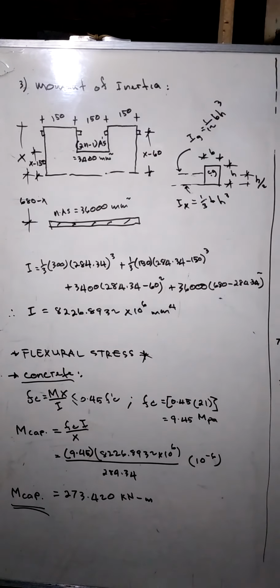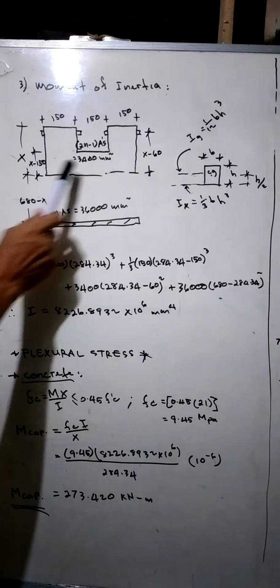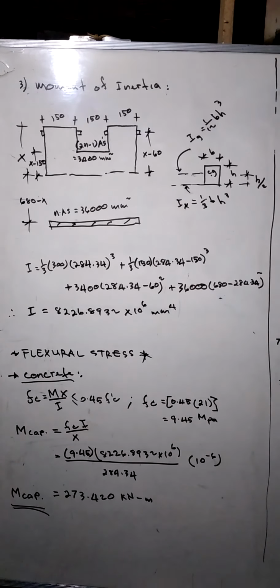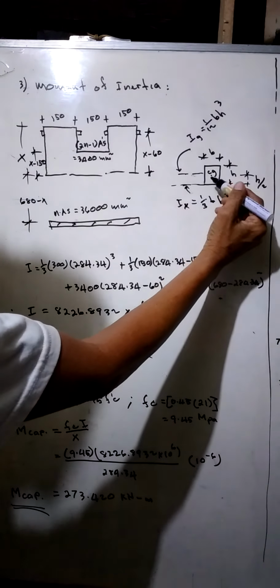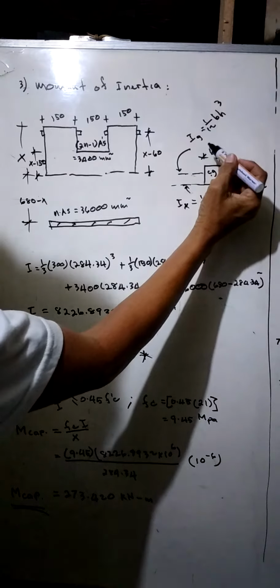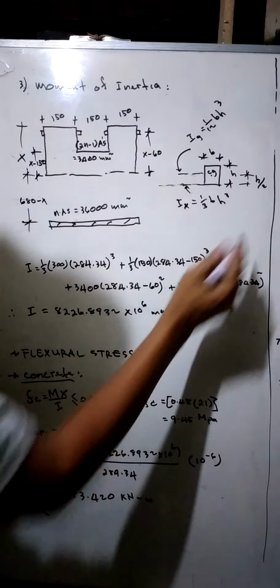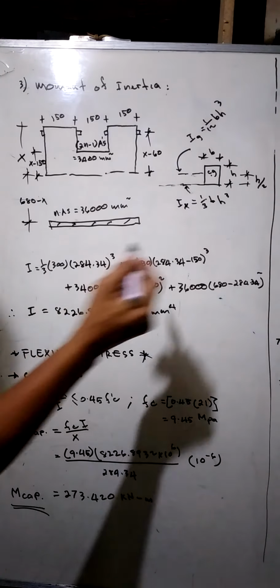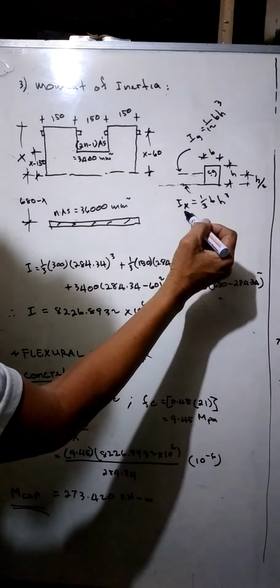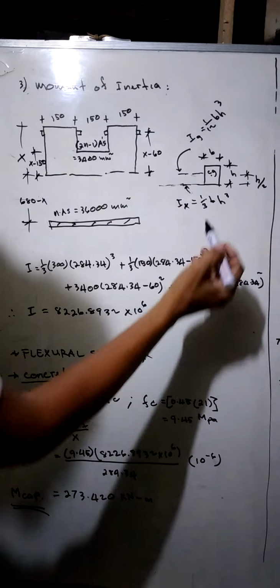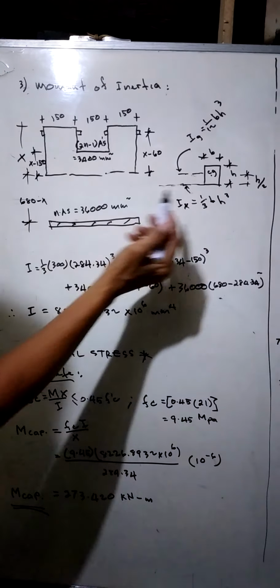Number 3 of the procedure is the computation of the moment of inertia. Since our area is a rectangular shape, the moment of inertia about the neutral axis or x axis is 1/3 bh cubed.